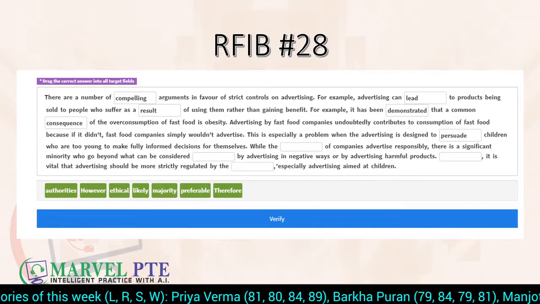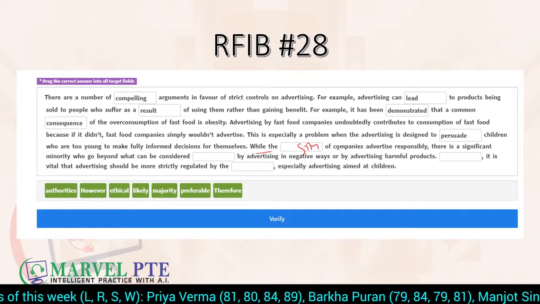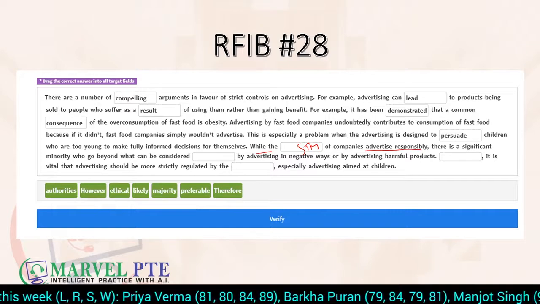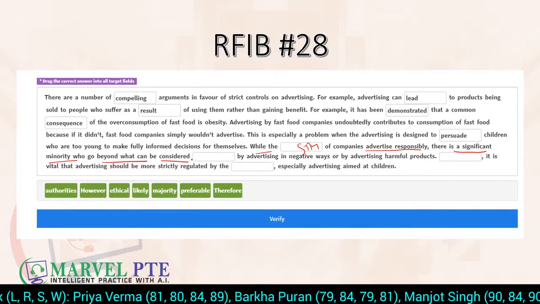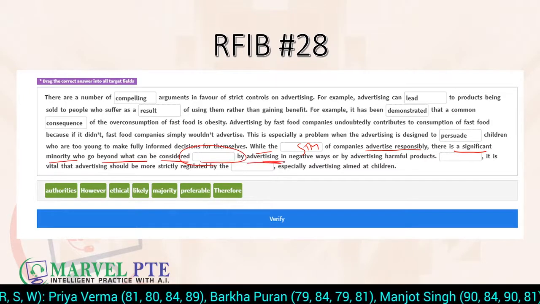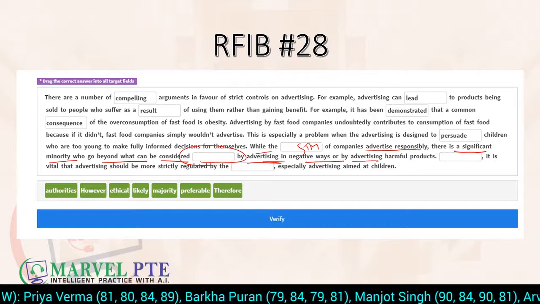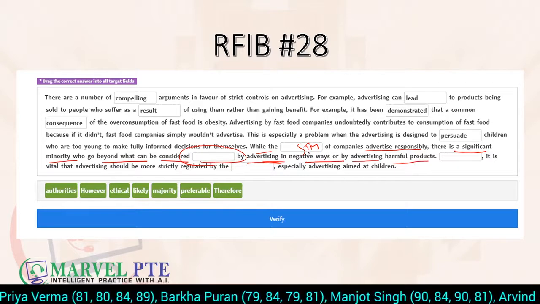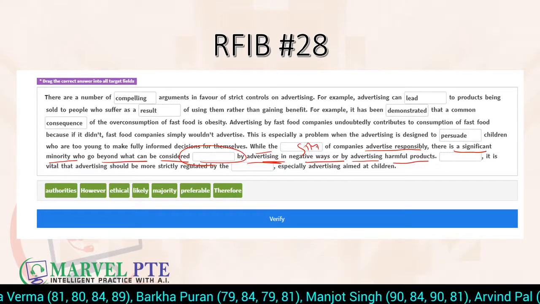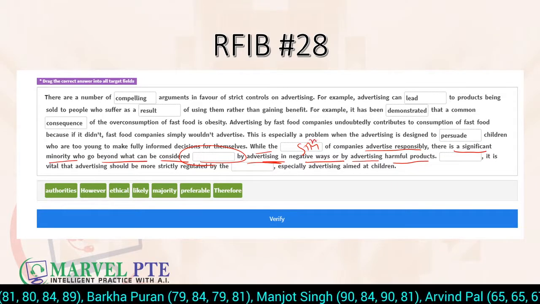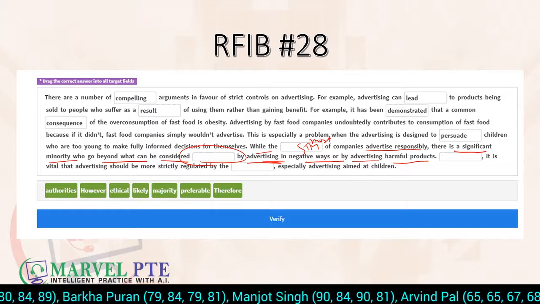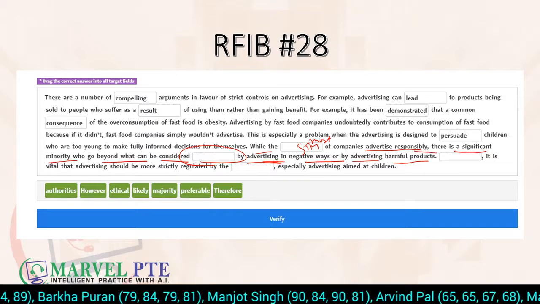Moving on to the next blank. While the something of companies advertise responsibly, there is a significant minority who go beyond what can be considered something by advertising in negative ways or by advertising harmful products. Now you have to see, while the something of companies, most of the companies, advertise, there is a significant minority.